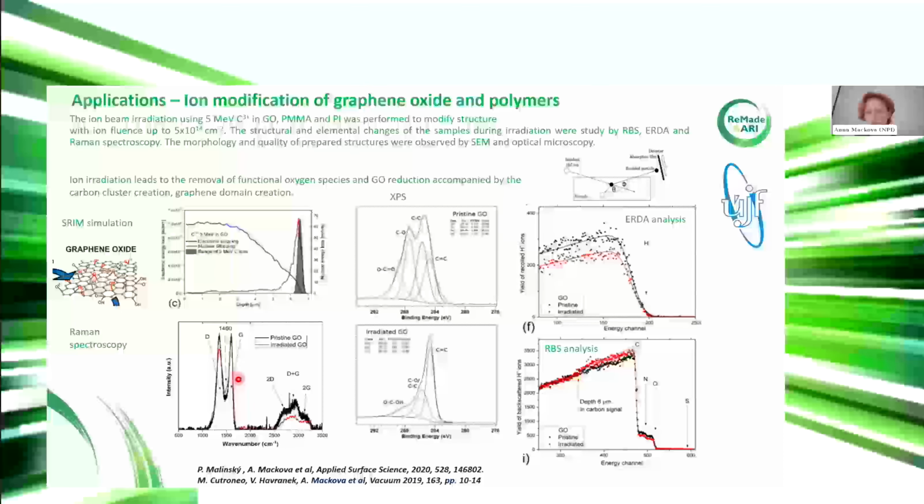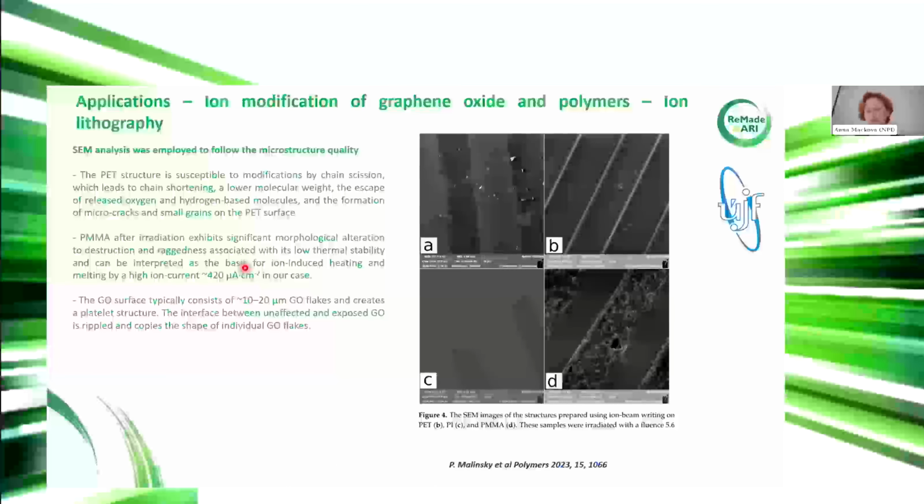And with Raman spectroscopy, we saw an increase of the very well-known G peak. It means that probably under the beam, as these groups are released, in fact, defects in the structure appear and the graphene domains can grow. So after that, not only graphene oxide was tested, but also polymers.